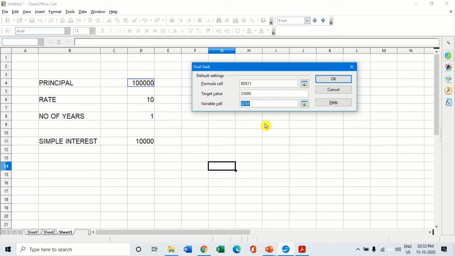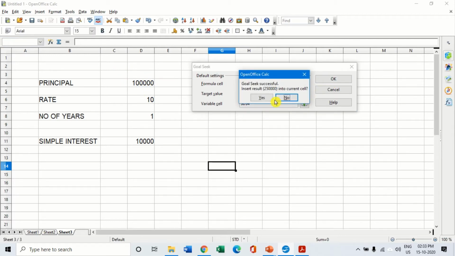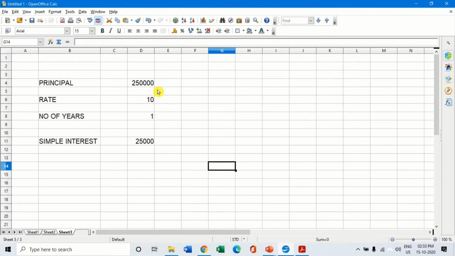So how much should I invest? I am reverse calculating, and it tells me that at 10% I need to invest 2,50,000 rupees for 1 year to get 25,000. So this is called goal seek.